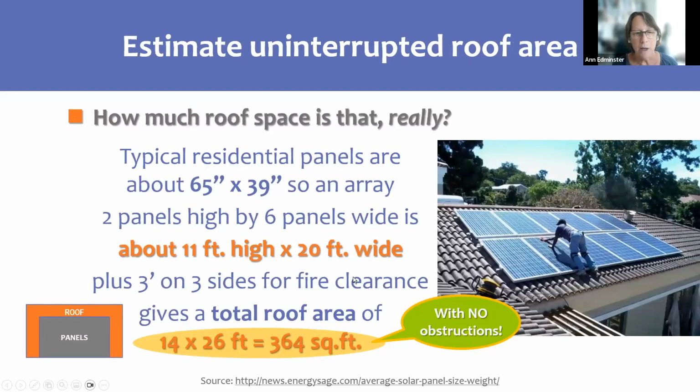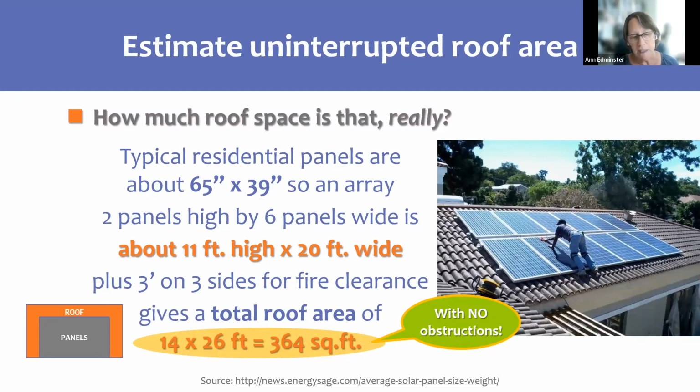Okay, here we see a 12 panel array looking at the typical panel size. Again, these are all rough calculations. We say, okay, that could be an array that's 11 feet high, 20 feet wide. But of course, we need more roof than that because there's fire clearance.